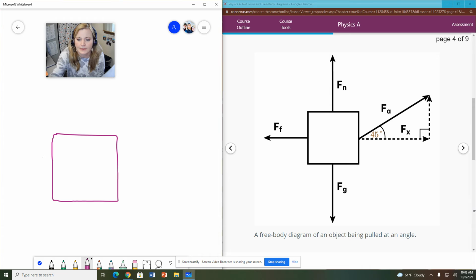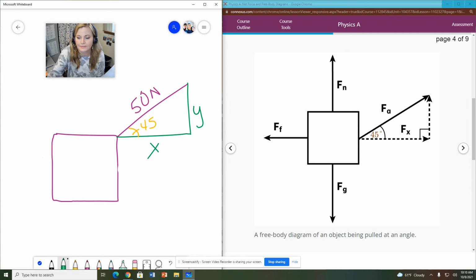All right, so here is our applied force, and we said that's 50 newtons. We can break it down into its x component and its y component, if we know the angle here is 45 degrees, and we just need to know x and y, right?